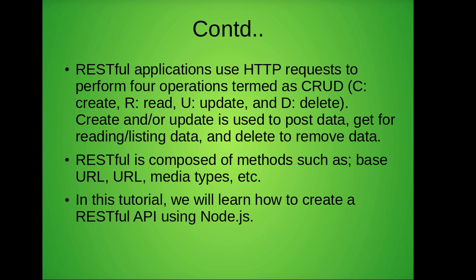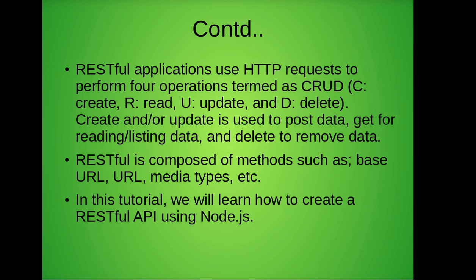Create and update are used to post data in the Node.js portal, GET is for reading or listing data, and DELETE is to remove data. RESTful is composed of things such as base URL, URL, media types, etc.